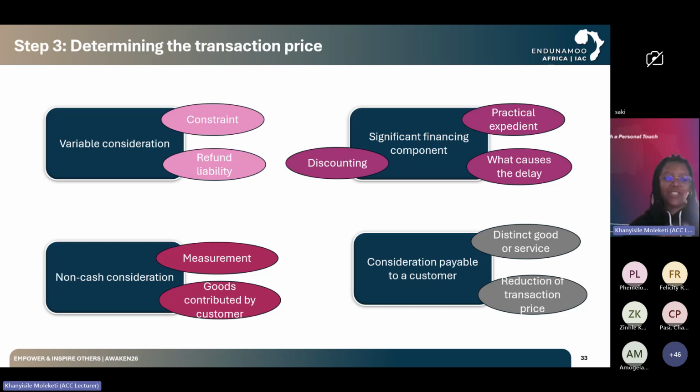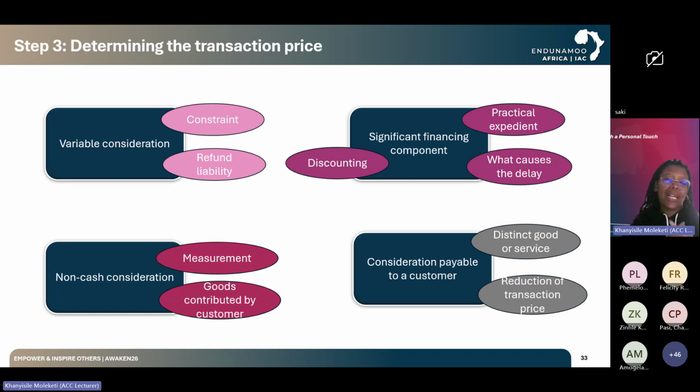Whatever the non-cash is, recognize it at fair value on the date you transfer control. Thereafter, you treat it according to the other relevant standard. If it's property, in terms of investment property. Shares, in terms of IFRS 9. If it's an item of PPE, in terms of IAS 16. So day one, bring in the revenue at fair value. Subsequently, treat whatever non-cash item you've received in terms of the relevant standard.